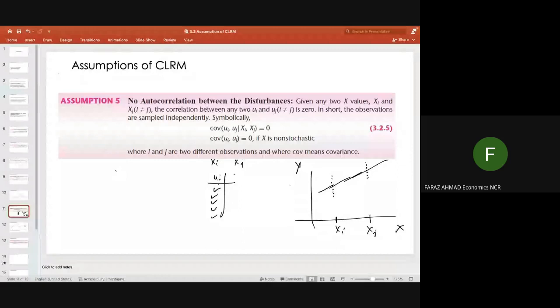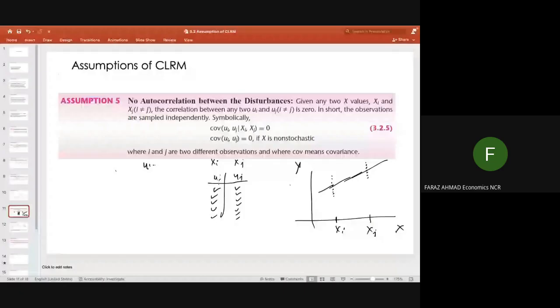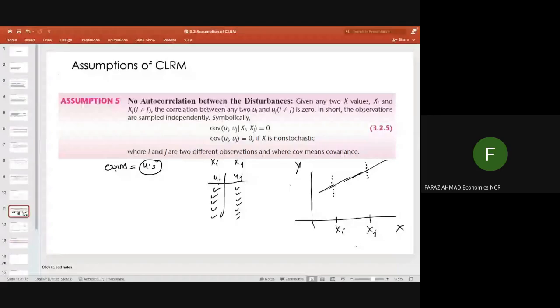You can call them uj and you can record them here. Now ui or uj, they are ultimately u's or errors. So the variable is u, right? There's a set i and set j. From the set of values of u, one set is called ui, another set is called uj because they are corresponding to xi and xj respectively, right?